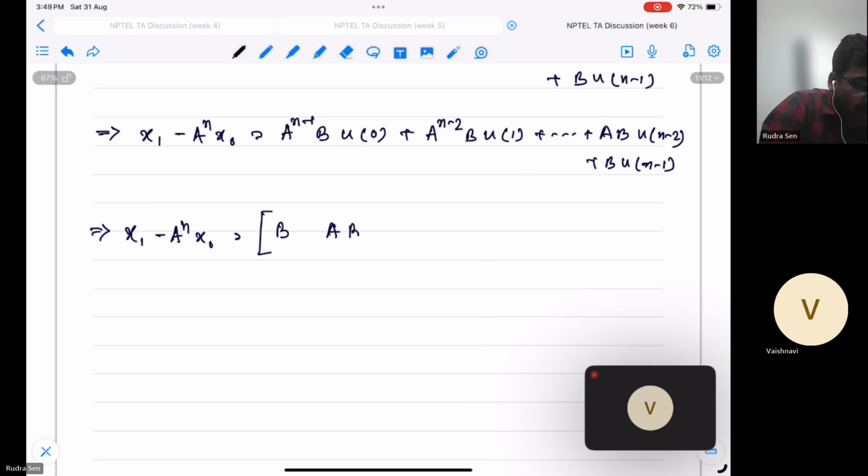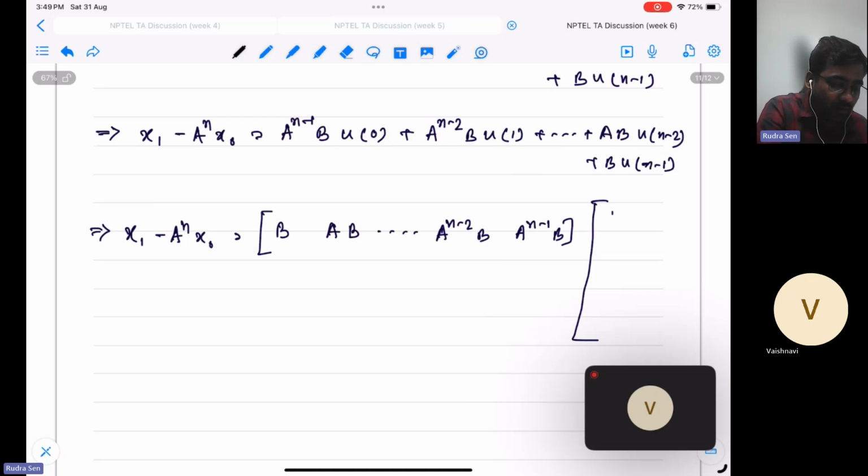B, AB, A squared B, up to A to the power n minus 2 B, A to the power n minus 1 B, and we can put it down over here as u n minus 1, u n minus 2, then u1 and u0.